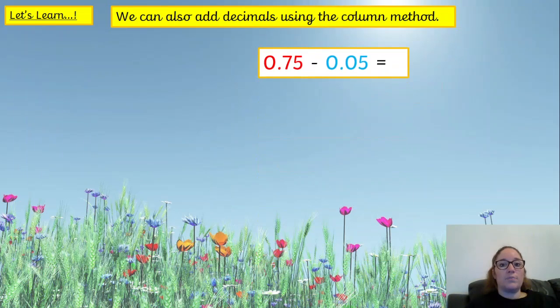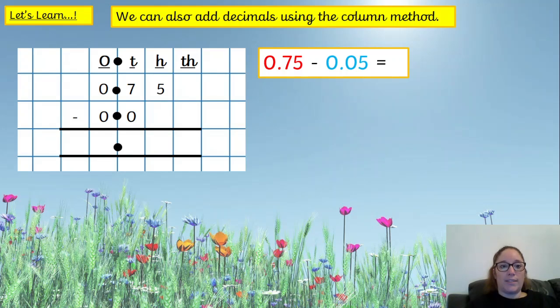And we can also subtract decimals using the column method. So we've got 0.75 take away 0.05. And we do this just the same as we do with subtraction with whole numbers. So we can do 5 take away 5, which is 0.